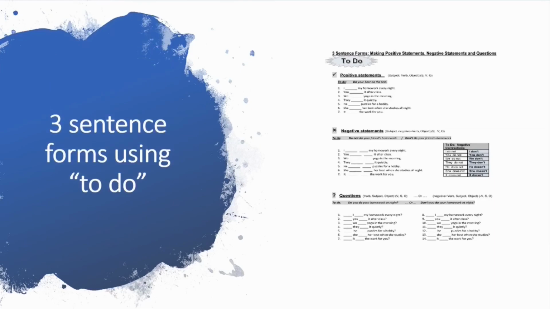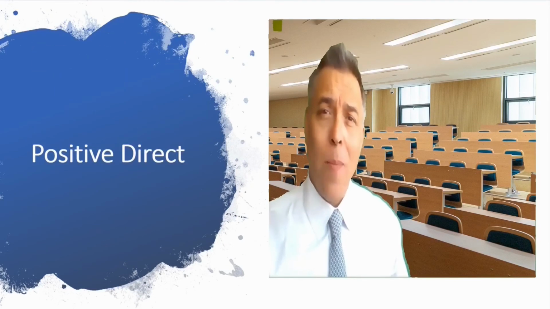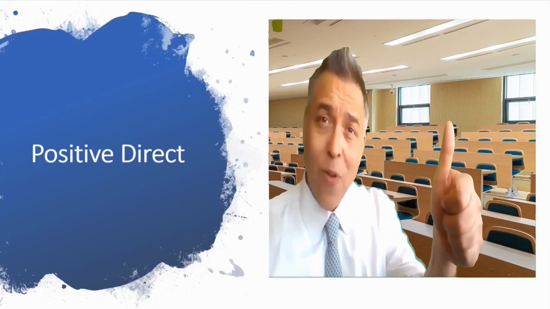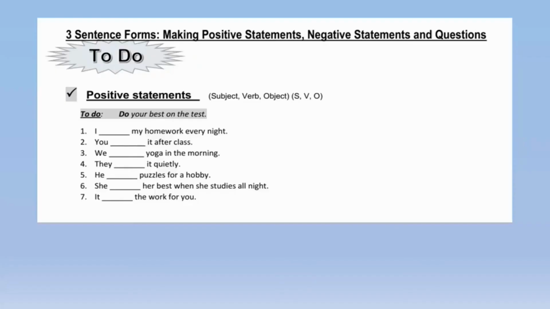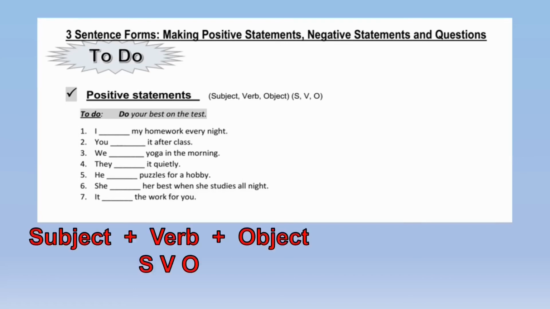Three sentence forms using the important verb to do. Let's look at the worksheet together in parts. Right now, let's talk about the direct positive form. Direct positive statements of the verb to do have the structure of a simple sentence: subject, verb, object, SVO.